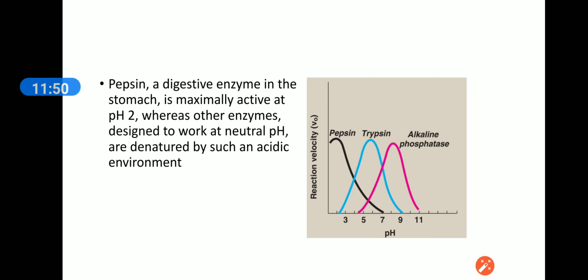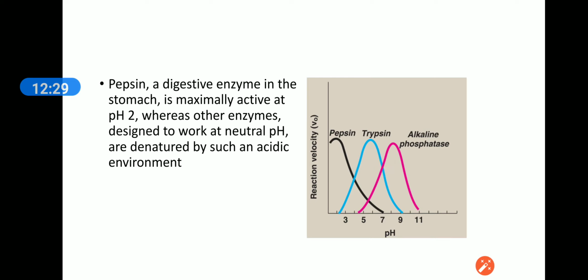It's a highly acidic medium. In such a medium, only pepsin can work, and it will work in a maximally active form. But trypsin works at pH 3 to 9, and alkaline phosphatase works at alkaline pH, while trypsin works mostly at neutral pH, and pepsin works at acidic pH.